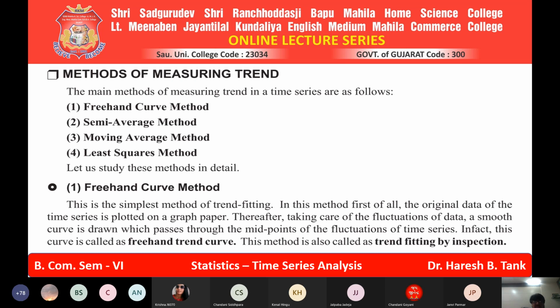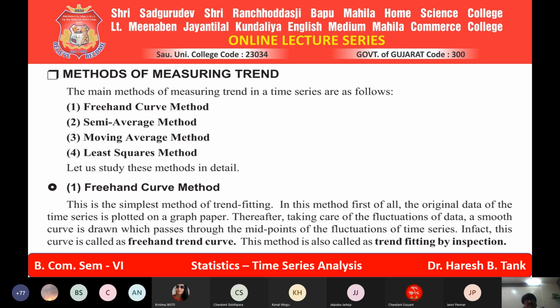Average, you might be knowing. How this term is used and how to measure it, we'll see in the next slides. The third one is the moving average method, and the fourth one is the least squares method. These are the four different methods by which you can measure secular trend.